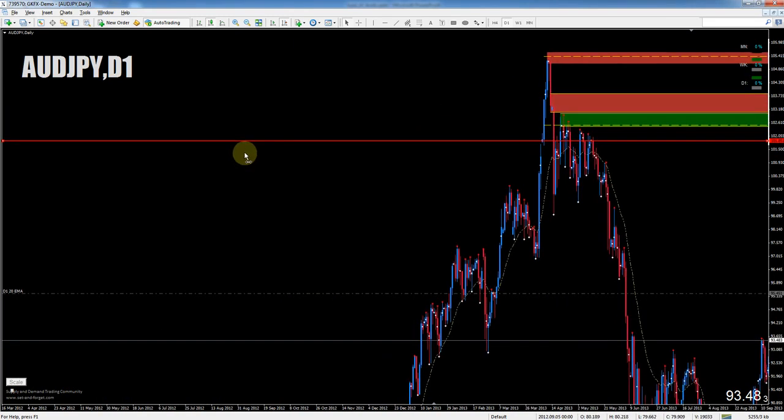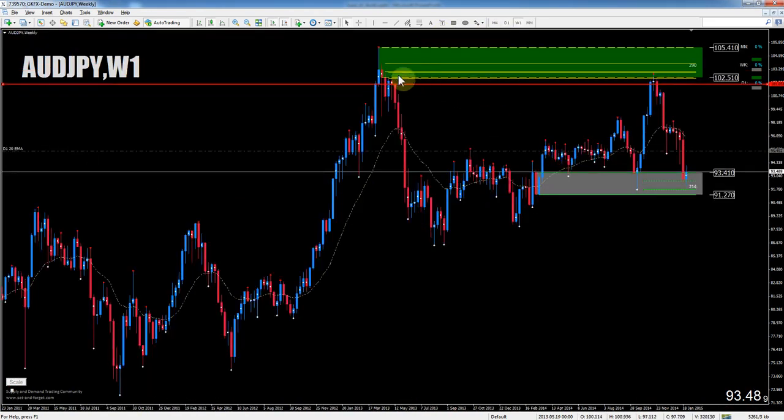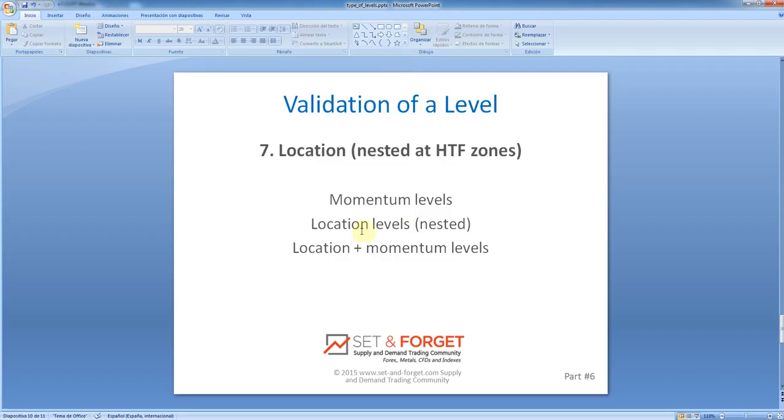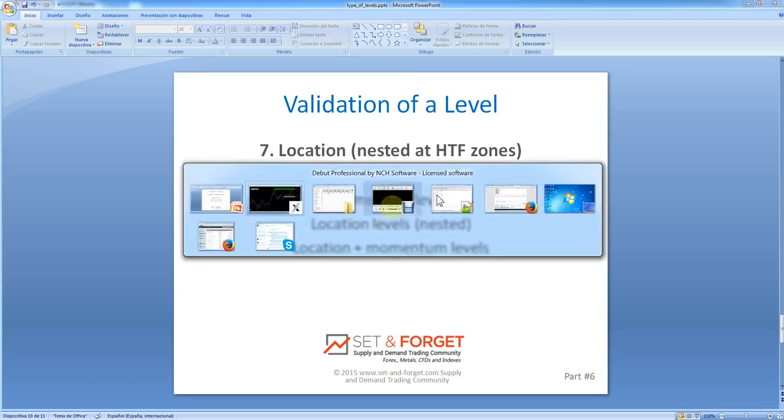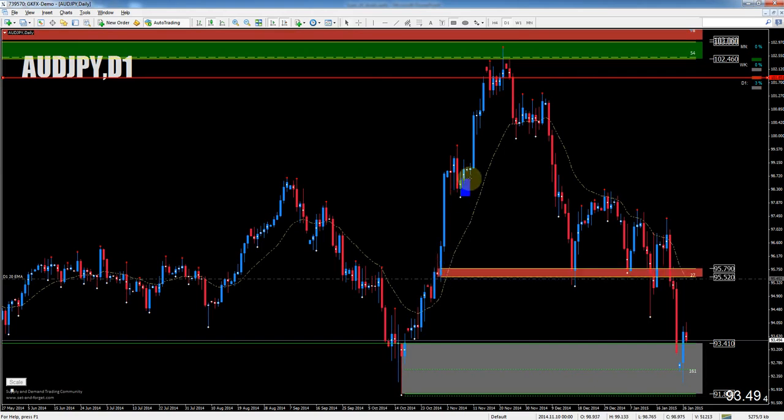These levels that we will be able to see when we switch to a bigger time frame, we will see these lines with the red rectangle indicator, and this is telling us that we have location type of levels up there that have to be differentiated from the momentum type of levels, which are in the middle on the way up. On the way up, we have levels, levels on the way up.